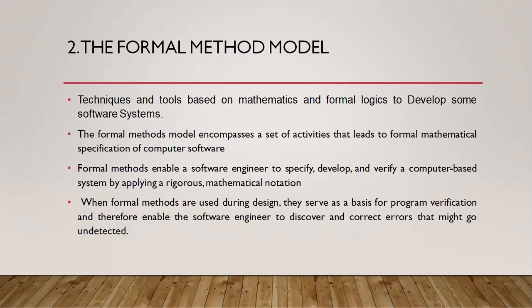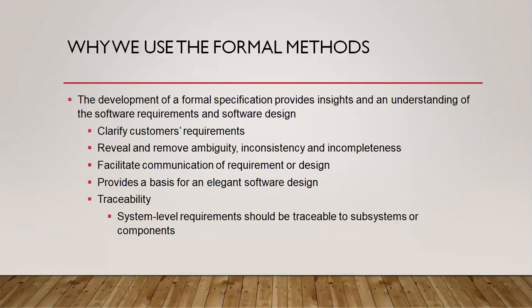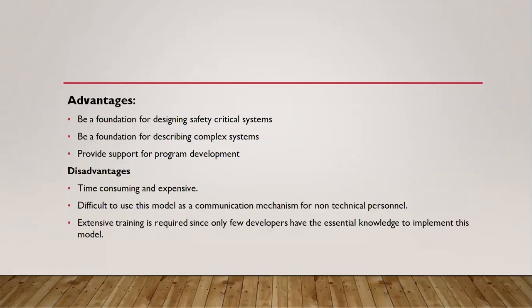Some software projects need mathematical functions to complete the project or to fulfill the requirements of a business. After that, why do we use these formal methods? There are different advantages of using formal methods, which we have discussed, and also a few disadvantages. Up to now we have finished the formal methods concept.